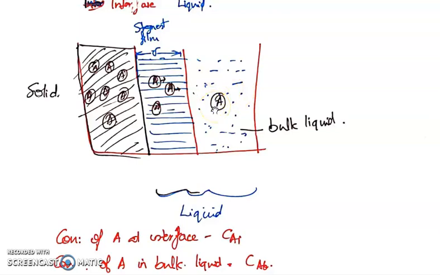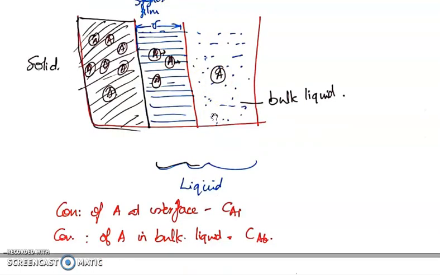Here I used the term bulk liquid because in this region the molecules are free to move. There is no influence of the solid wall here. Here the liquid molecules as well as the molecules of A that have reached this region are free to move. So let us assume concentrations at different locations. This is the interface. So we can assume the concentration of A at interface to be CAI, and this is the bulk region.